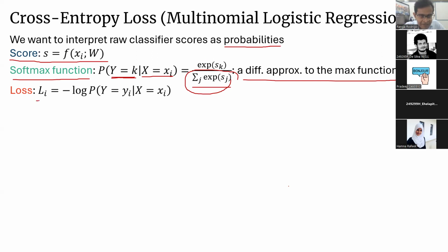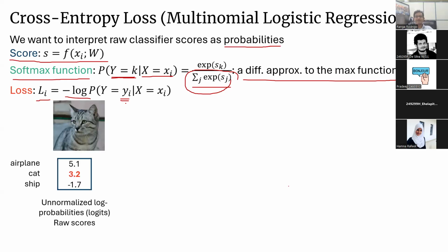Then the loss for that example, Li, is the negative log of that one. This is the correct class's label: the negative log of the correct class probability. Okay, we can take examples. Now let's take this image. It's a cat image, so this is the correct class score.